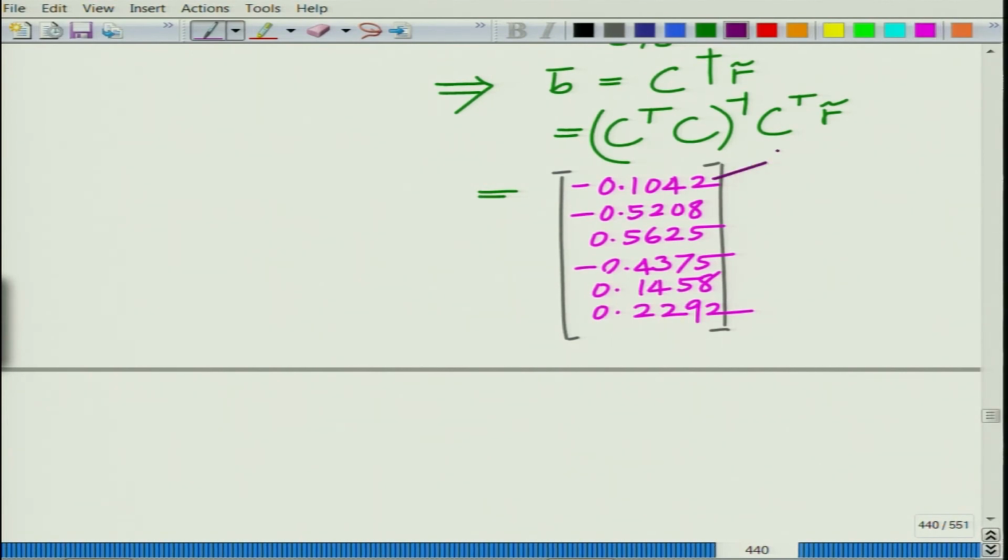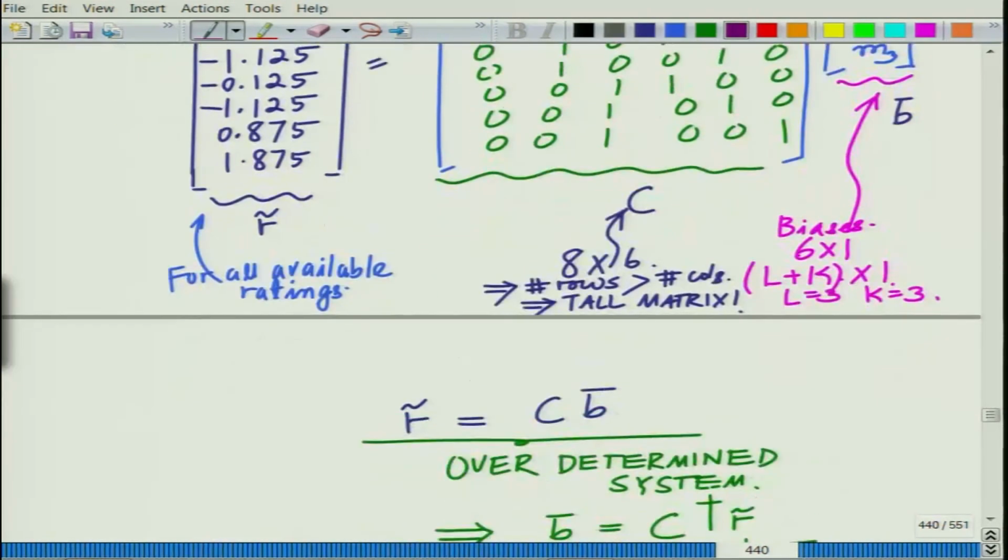This is for instance your U1, this is U2, this is U3, this is M1, this is M2, and this is M3, and therefore, now how to get the prediction?